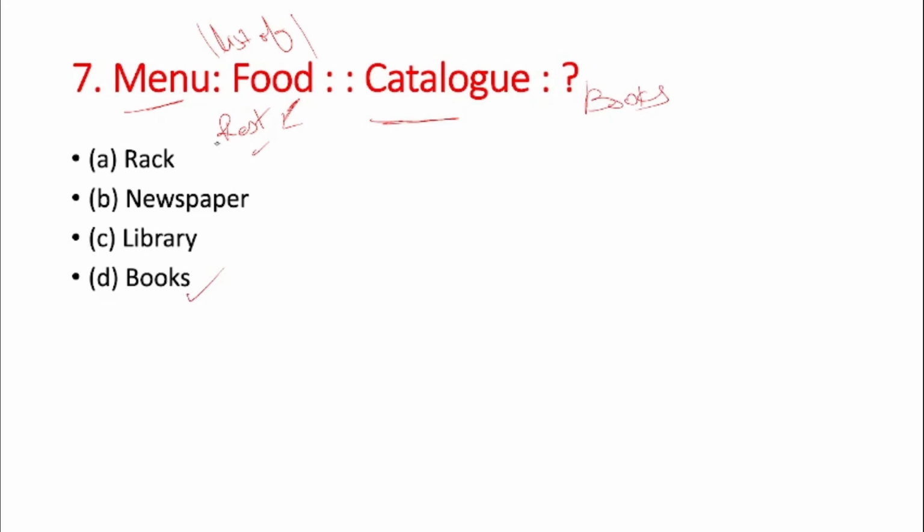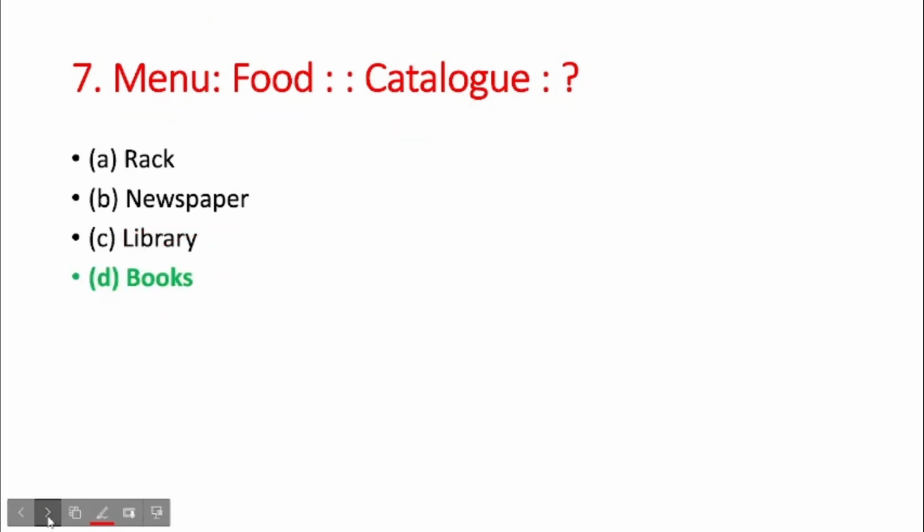Similarly, when we go to a restaurant, we find a menu. When we go to a library, we can find a catalog. That means a library is similar to a restaurant here, right? In a library there will be a catalog, and that catalog consists of the list of books available in that library. So books is the answer here.